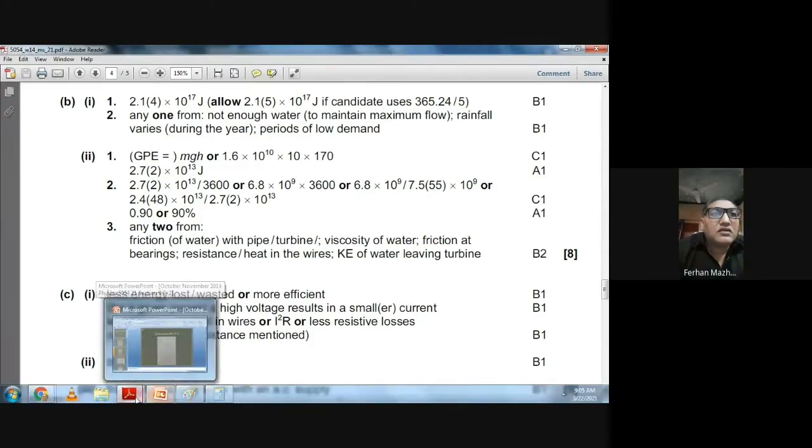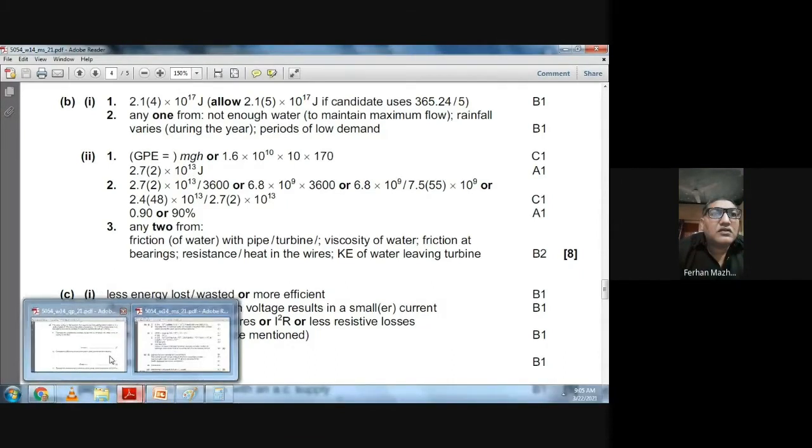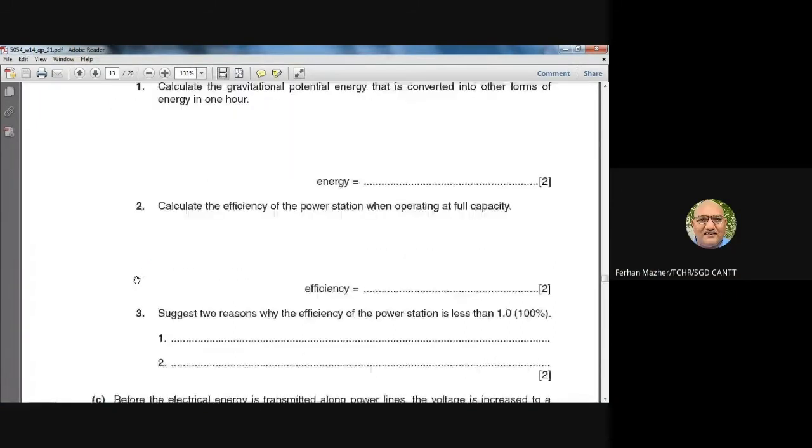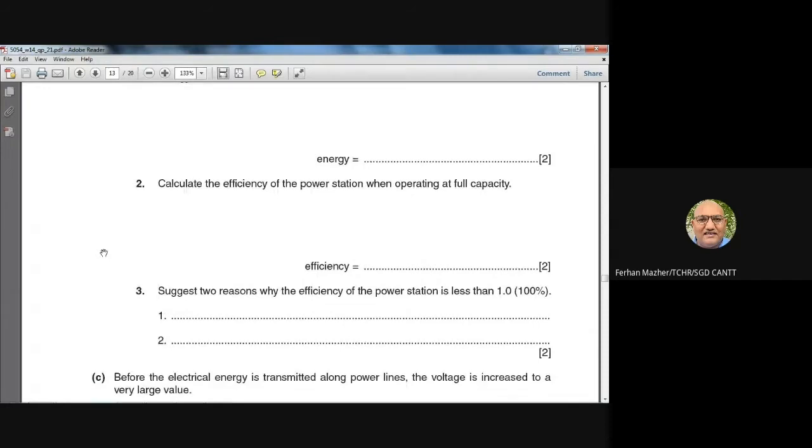Okay. So the second part is to calculate the efficiency of the power station when operating at the full capacity. You see, the input energy is the gravitational potential energy and the output energy is the electrical energy of the power station. The electric energy was given to us, and the input energy we just calculated.